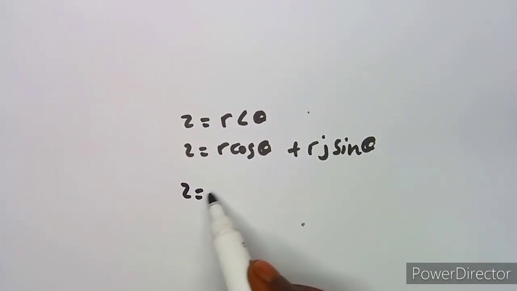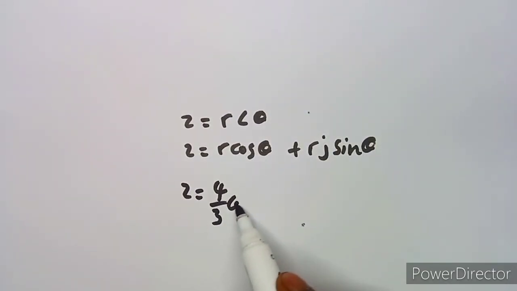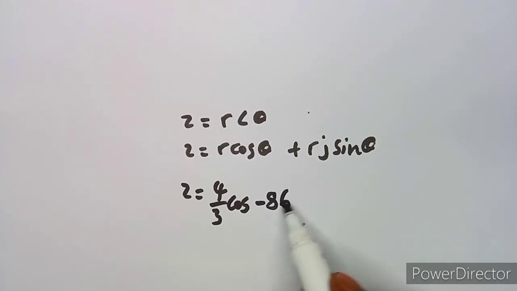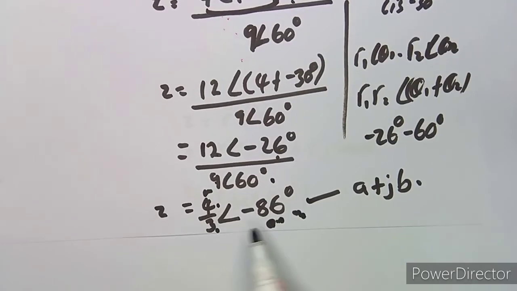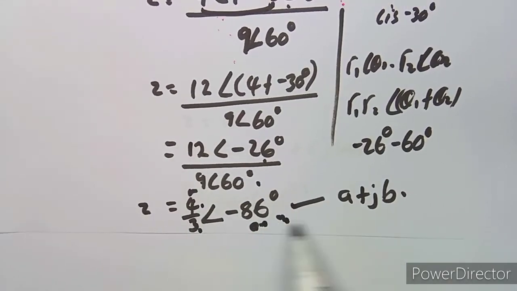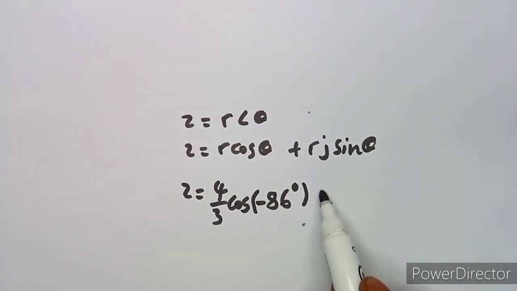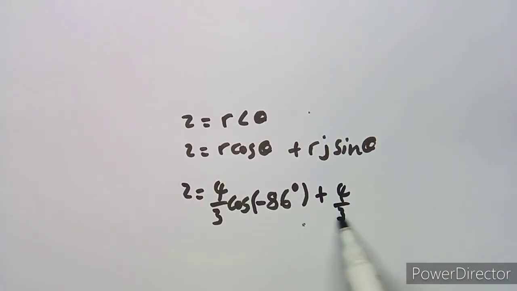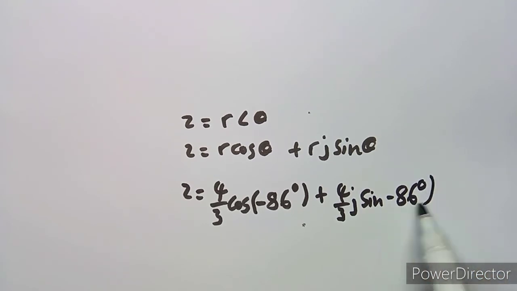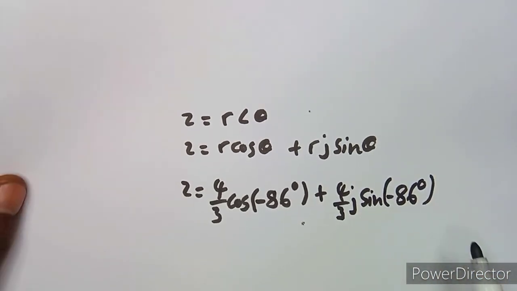So your z is going to be 4 over 3 cos minus 86, we just write that angle as it is, plus 4 over 3 sine this one, as you can see. So it's going to be plus 4 over 3j sine minus 86, like this. It's now in Cartesian form.